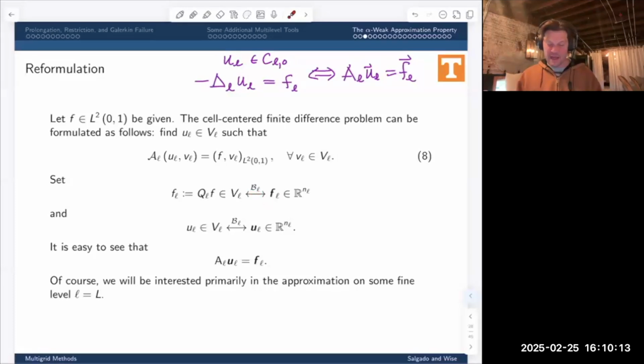And if we have this solution in the space of piecewise constant functions in the basis BL, the canonical basis for the piecewise constant space, we can extract its coordinates and call that a vector. What we said was that those two vectors satisfy this matrix equation where this AL is our standard stiffness matrix. This is the stiffness matrix that is a little bit weird because it has those 3s on the first and last positions of the diagonal and 2s elsewhere.